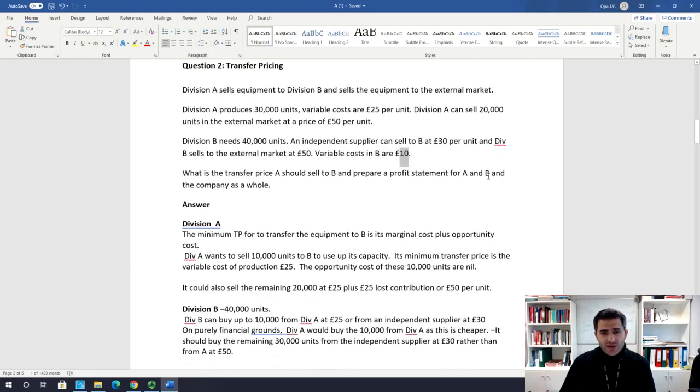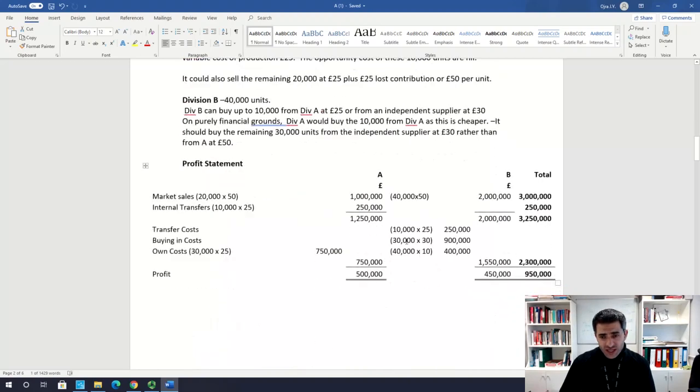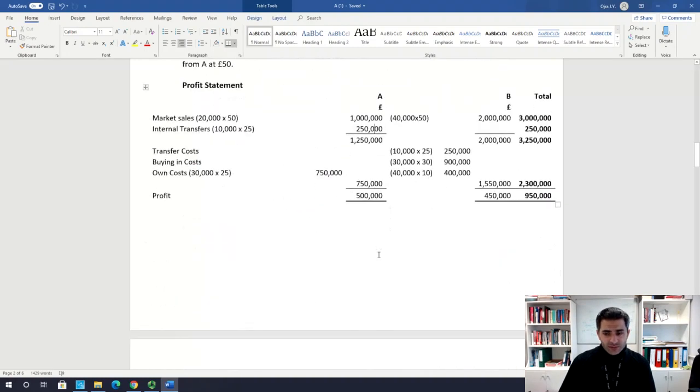They also have the cost of the 30,000 units bought from the independent supplier at £30 each, and the 10,000 units they buy from division A internally at £25 each. So the same £250,000 as this. That's all, right? As you see, the company overall makes 950,000, A can access 500,000, while B can access 450,000 pounds.